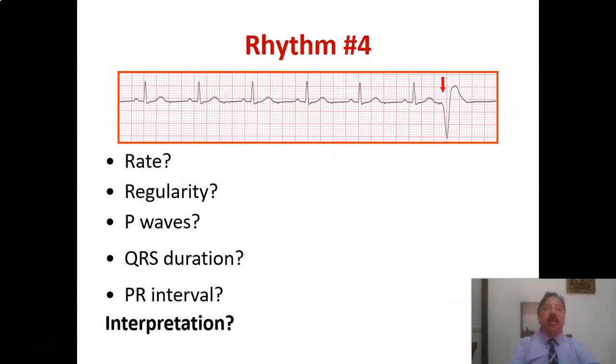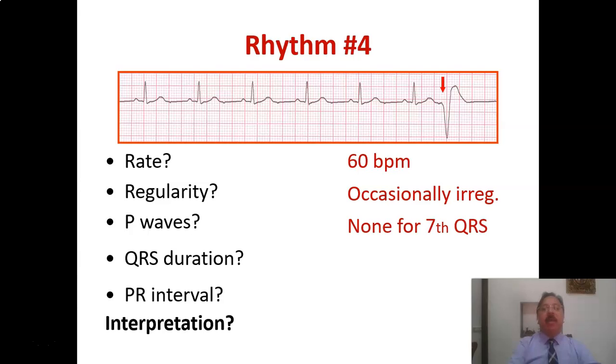Rhythm number 4, rate, slow, fast, normal. It's 60 beats per minute. Regular or irregular? Occasionally irregular. Can you see P waves? Scan the whole rhythm strip till the end. P waves are seen throughout except the 7th QRS complex.